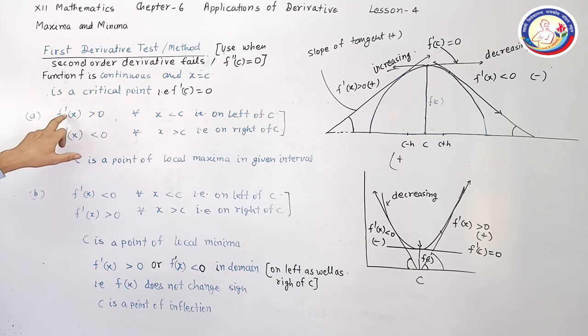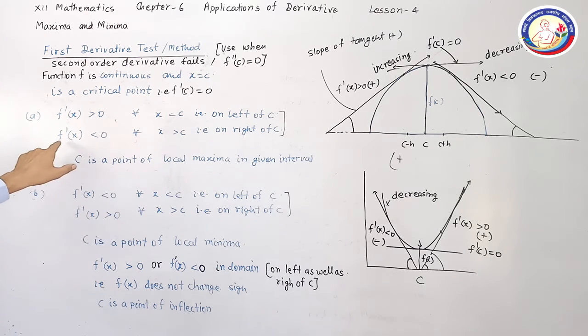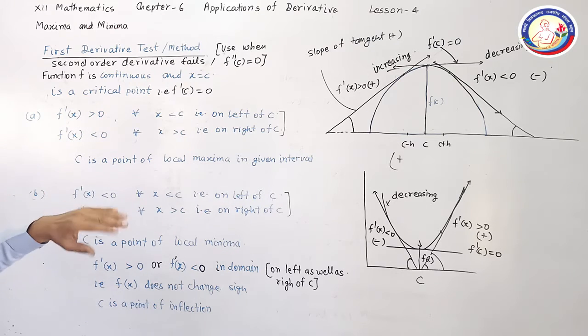Now if the value of the derivative is greater than 0 for values less than c, or left of c, and then after this it changes its nature and the derivative's value becomes negative, or less than 0, then we say that the function is increasing before c and decreasing after c, and f(c) is the point of maximum value.